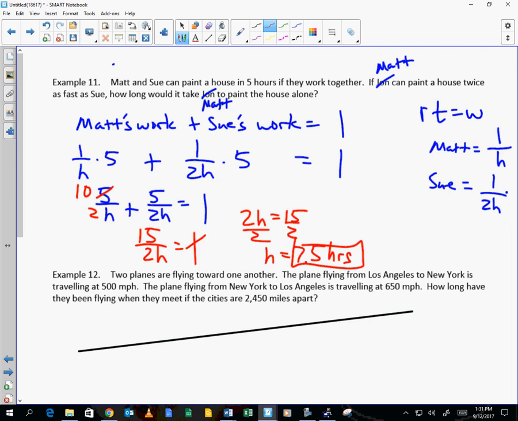But really, this is more or less a rate that we came up with. One house every 7.5 hours. So you're good. All right.